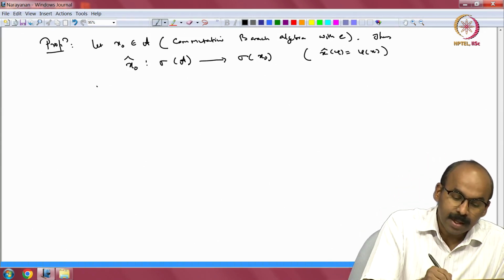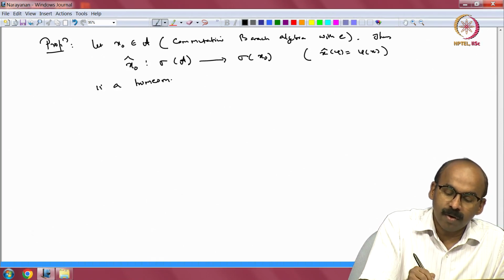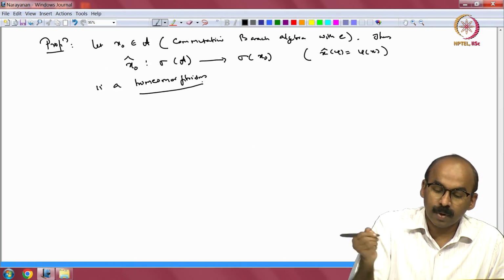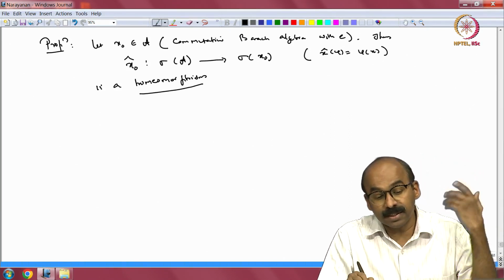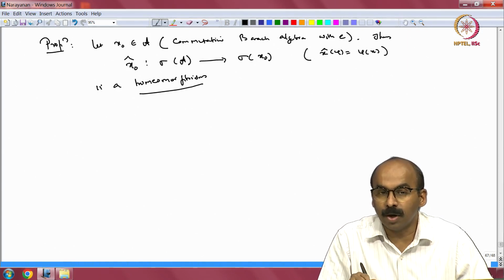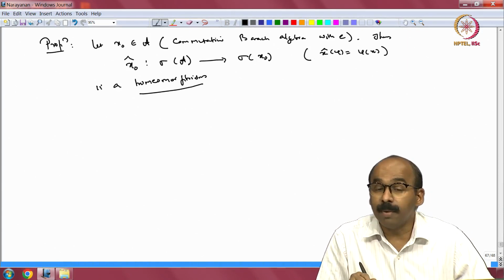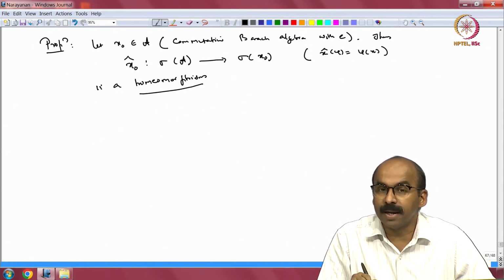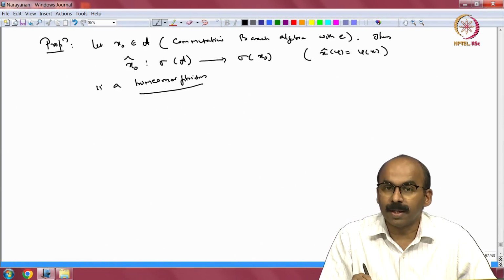So, this map is a homeomorphism. Sigma A is sitting inside the unit ball of A star with the weak star topology, it is a compact Hausdorff space. Sigma x naught is sitting inside the complex plane, it is a compact subset of the complex plane.